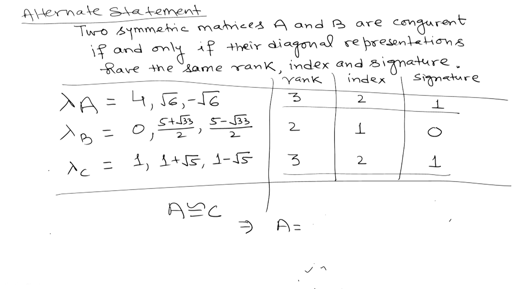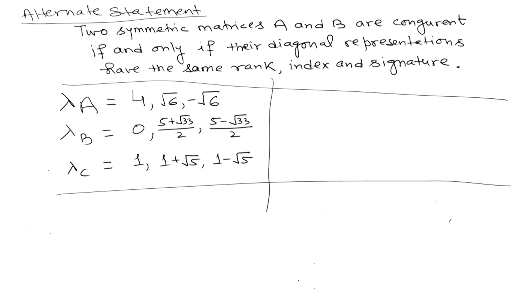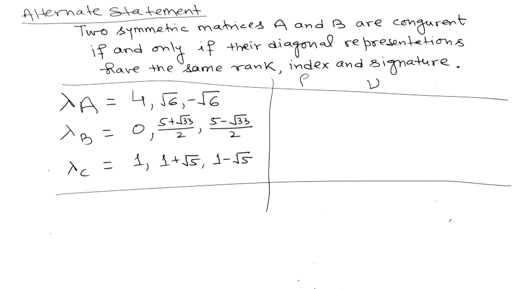A equals P C P transpose, by using either LDU factorization. If you go by the earlier statement of Sylvester's law of inertia, I need to calculate rho, nu and zeta.